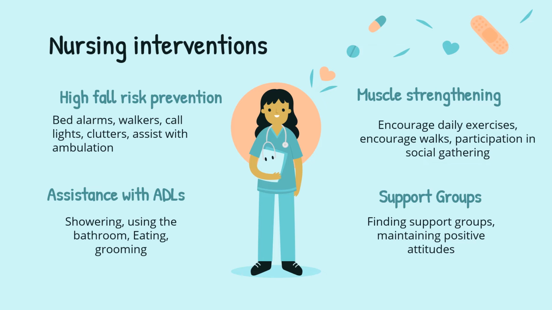If you're working in long-term care, sometimes they have activities for these patients. Make sure they attend these activities and meet people with similar conditions. It helps relieve the stress and the depression that comes with low levels of dopamine production in the brain.